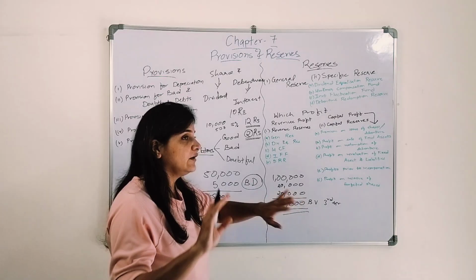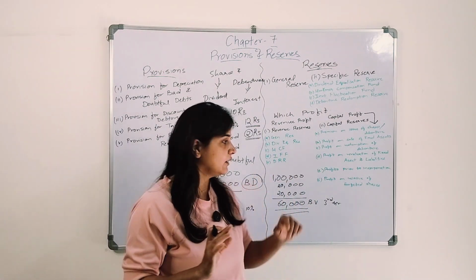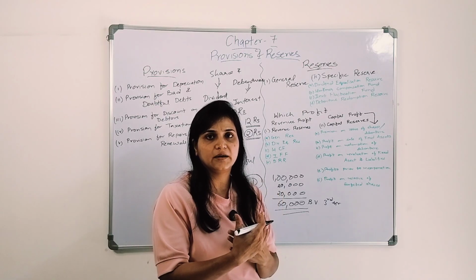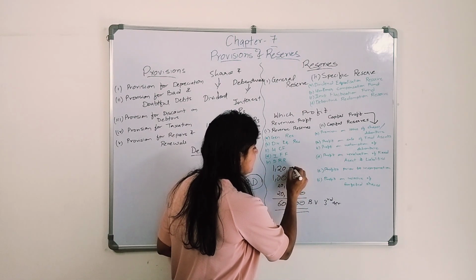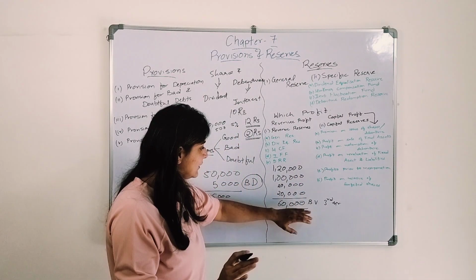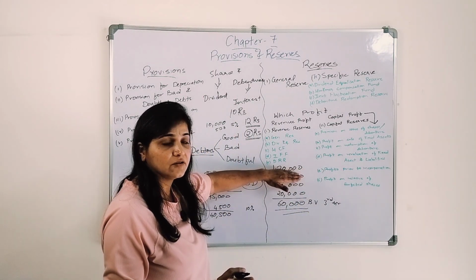Now let's say you don't need that machinery and you want to sell it. When you went to the market, you got an amount of 1,20,000. The book value is 60,000, but what you got is 1,20,000.